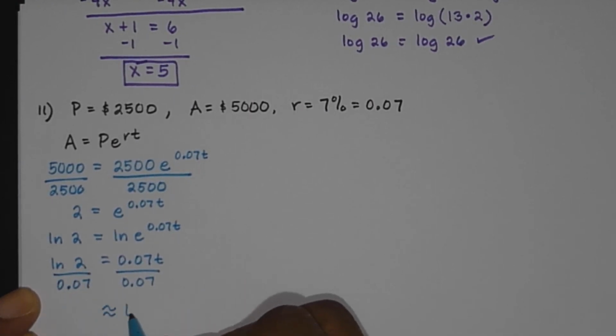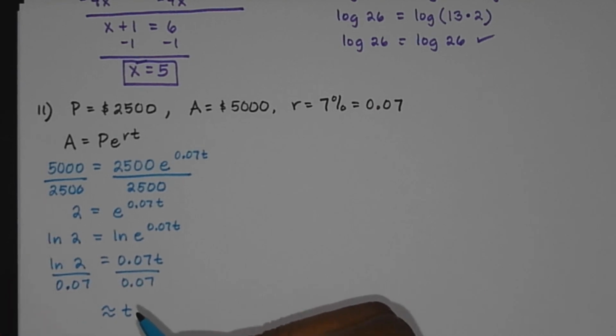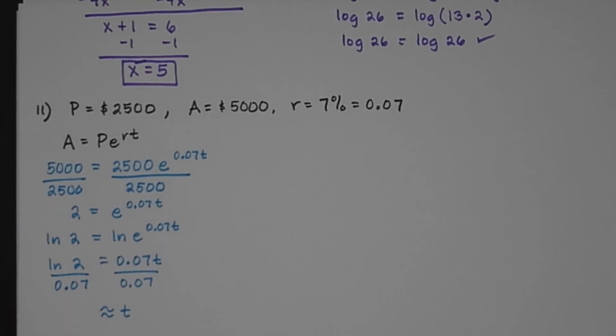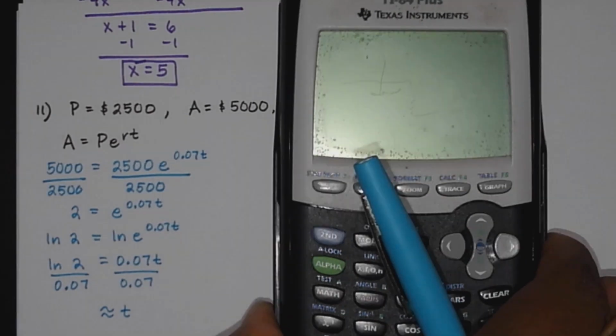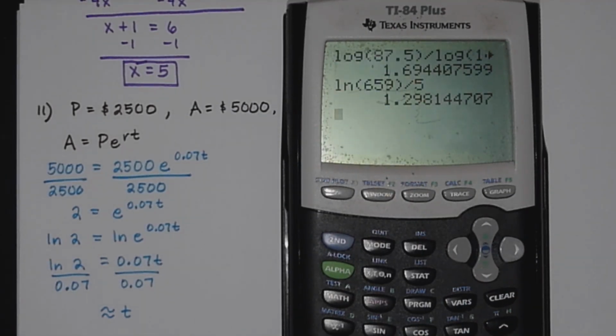The approximation symbol for t, and then type in ln of 2 divided by 0.07. So in the calculator, we'll do ln of 2, close parentheses, divided by 0.07. So to one decimal place, what would this be? 9.9.